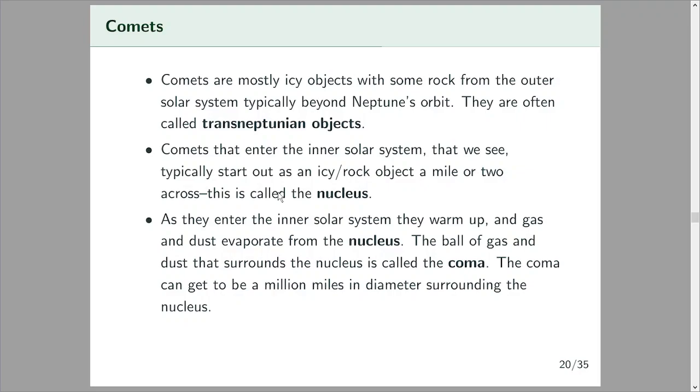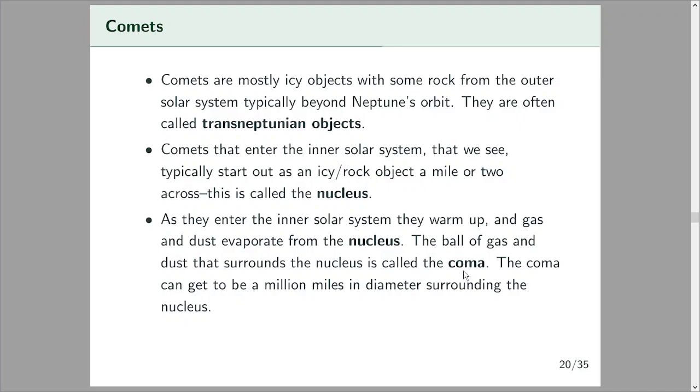However, when these comets come in from out there, they get heated up by the sun as they get close to it, and all this icy rock they have starts to evaporate. And with it comes, they get surrounded by gas and dust. And so they develop what we call a coma. That's the ball of gas that surrounds the nucleus. The nucleus is just a hard core that you started with a mile or two across.